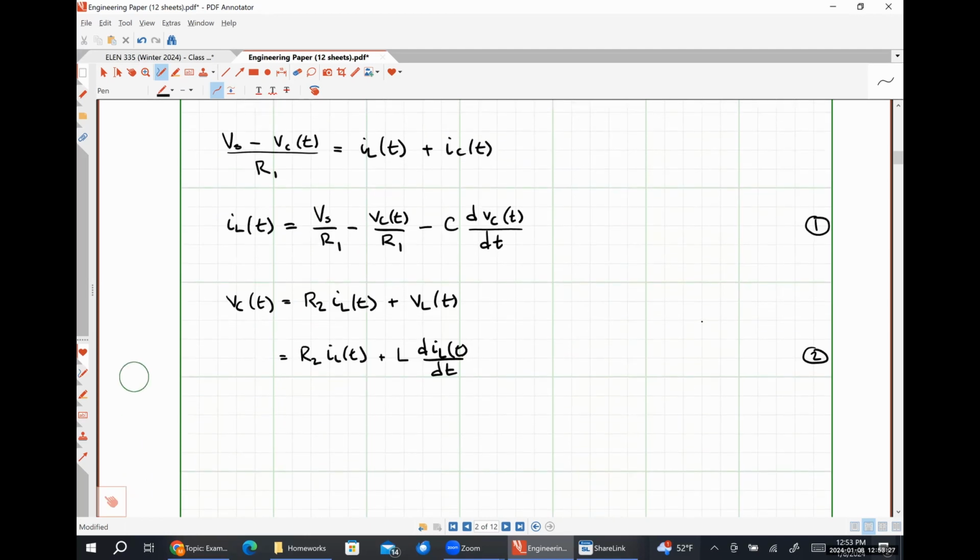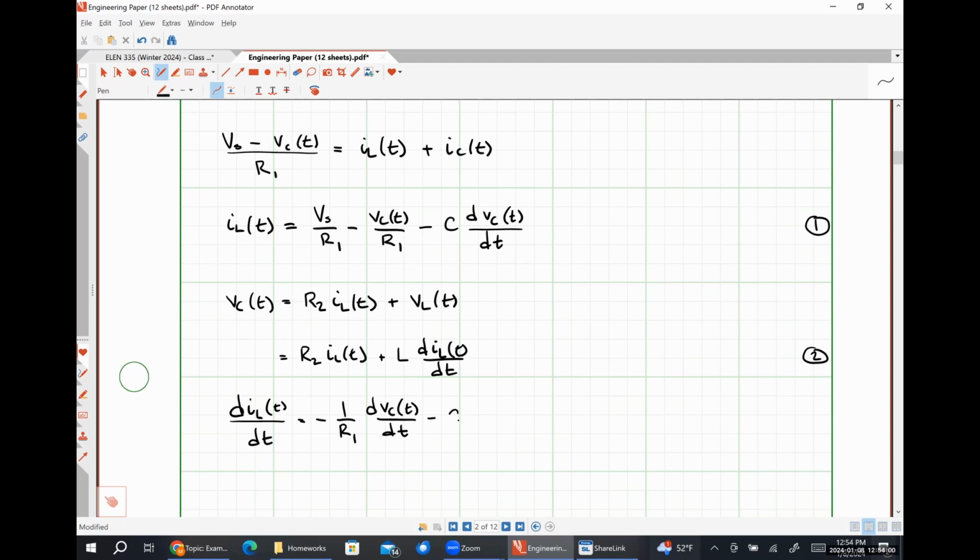So taking the derivative of equation 1 is going to give me the derivative of IL with respect to time is equal to, so what's the derivative of Vs over R1 with respect to time? 0, because both of those things are constant, right? So then I'm going to have negative 1 over R1 times the derivative of my capacitor voltage with respect to time.